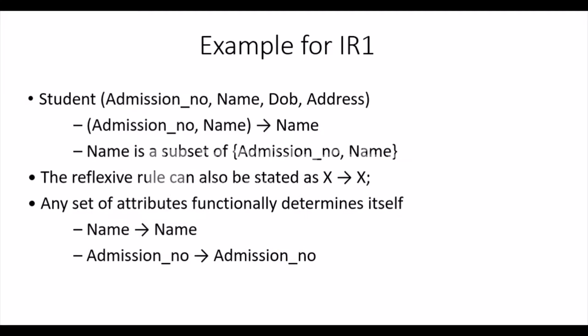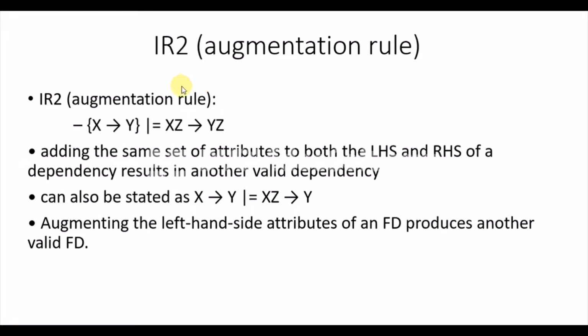So IR2 is the augmentation rule, which means suppose we have a functional dependency X to Y. From this we can infer XZ implies YZ. So you are adding another attribute Z on both sides, and this will also be true.